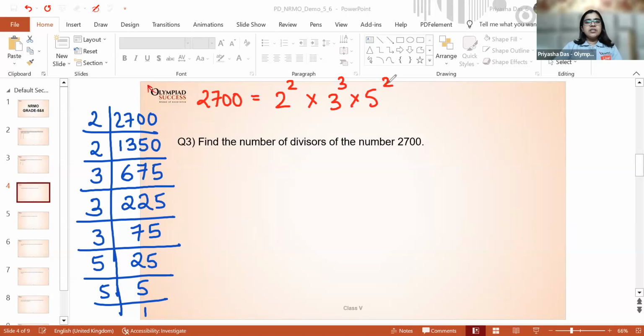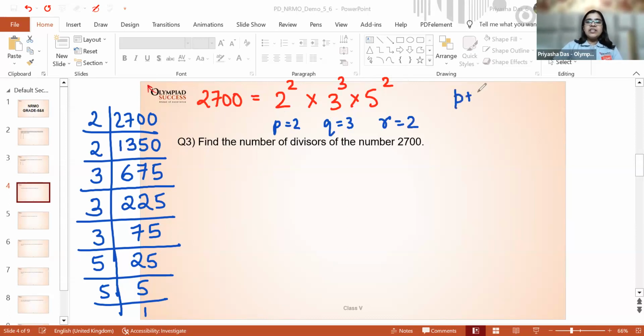Answer matching? Wow, Lokesh has given. What about others? So P is equal to 2, Q is equal to 3, R is equal to 2.